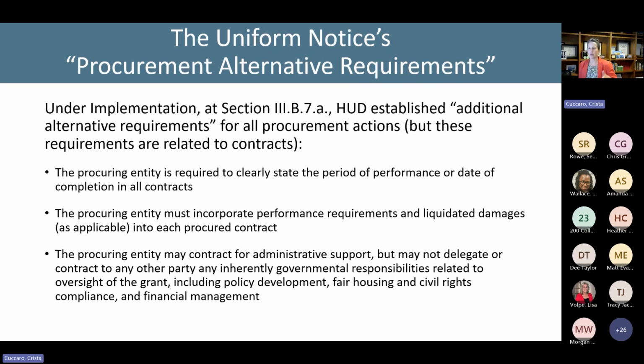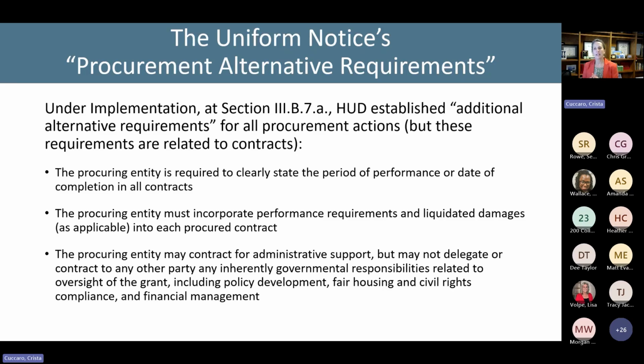This "as applicable" is because liquidated damages are a tool used in construction contracts, and wouldn't necessarily be appropriate, as this Uniform Notice points out, in a consulting contract. But at a minimum, you have to include performance requirements, right? We have to know the benchmarks to which we are holding our contractors in order to understand whether they've complied and to effectively manage that contract. So you have to incorporate performance requirements into your contracts.